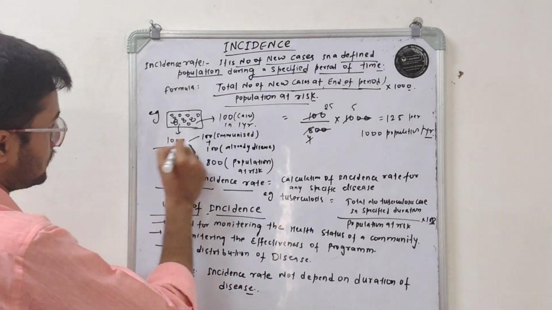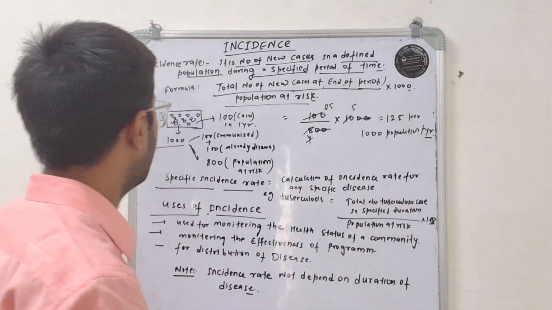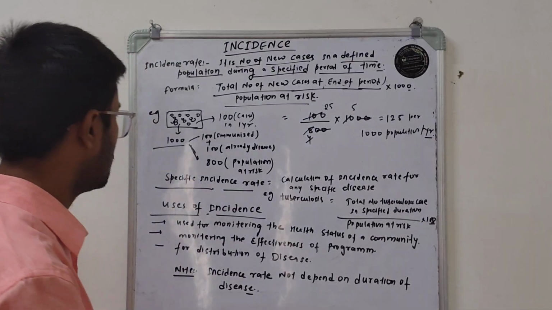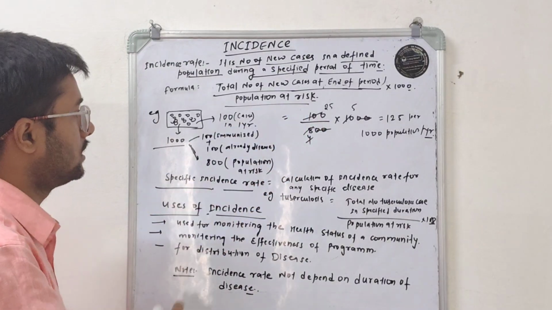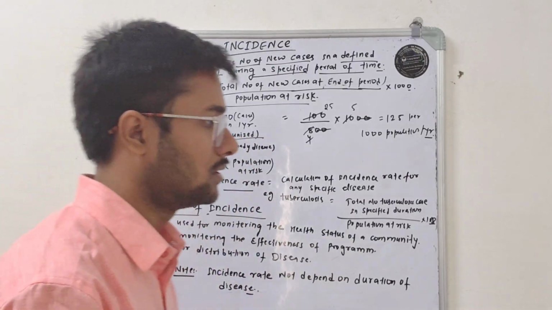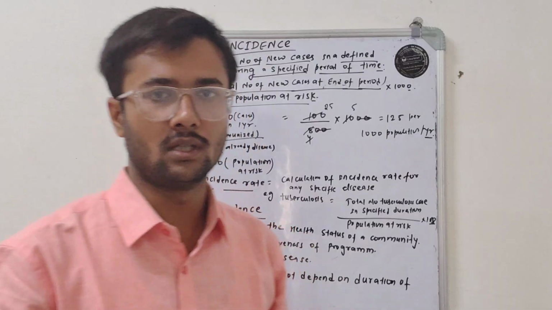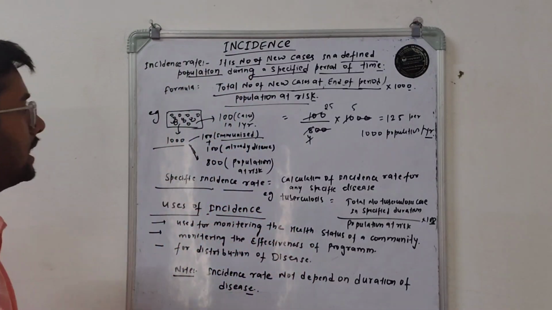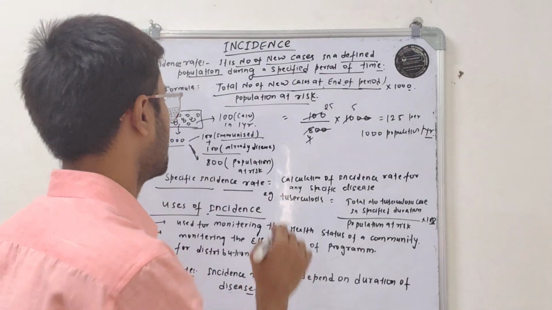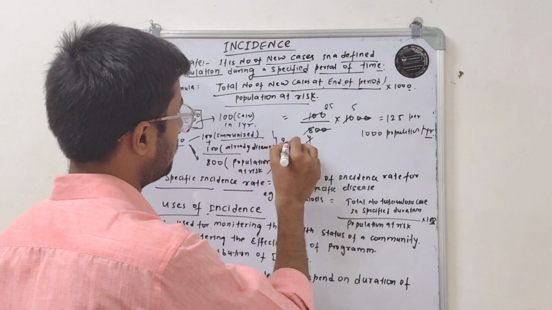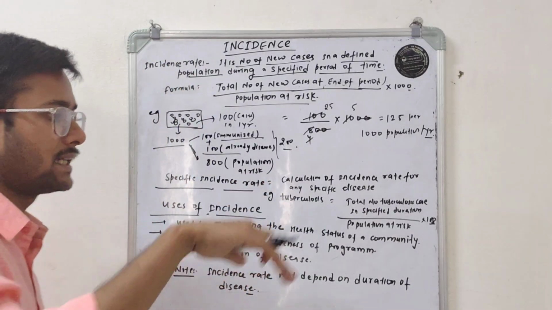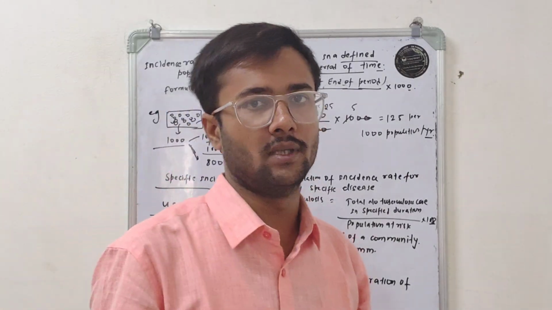Here we are going to discuss the meaning of population at risk. Let's suppose in a village having a 1000 population, among the 1000, 100 people are immunized. So they have almost no chance of developing the disease, and 100 people already have the disease. So 100 and 100 is 200. These 200 people are excluded from the whole population.